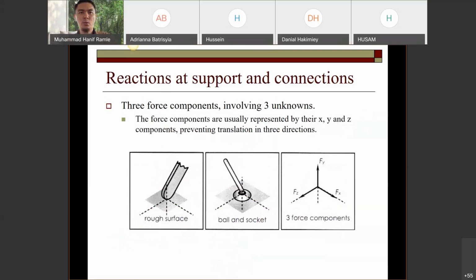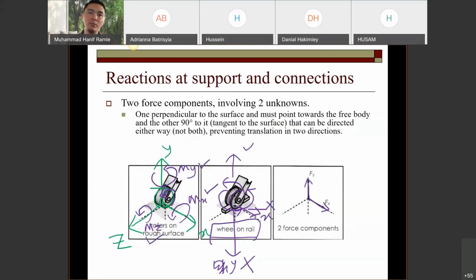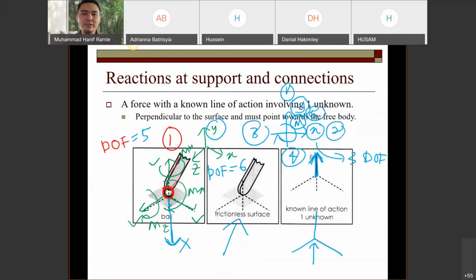Okay, next one, where three unknowns are involved. The first one is the rough surface. The previous one is the smooth surface, a frictionless surface, without any friction at all. Without the friction, the rigid body can go anywhere, let's say on the floor, except going down.